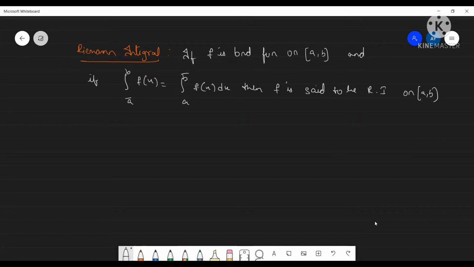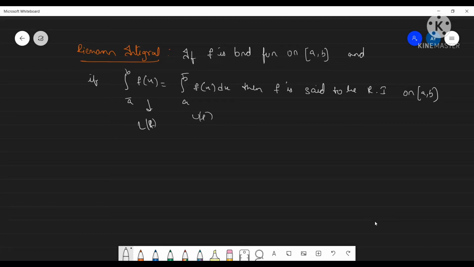What are these? This is L(f), and this is U(f), that is the lower Riemann integral and the upper Riemann integral. If both are equal, then the integral is said to be Riemann integral. Otherwise, it is said to be only lower Riemann or upper Riemann.